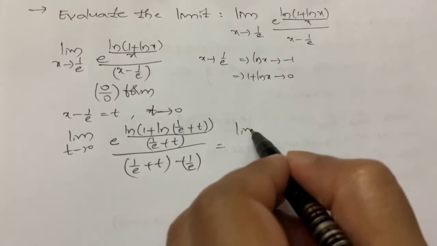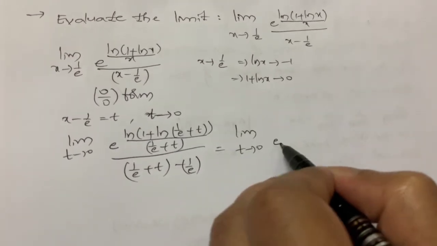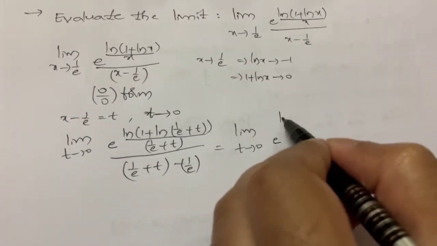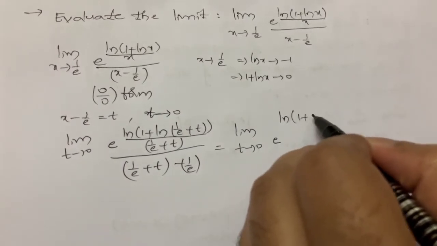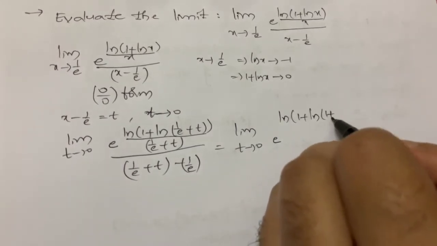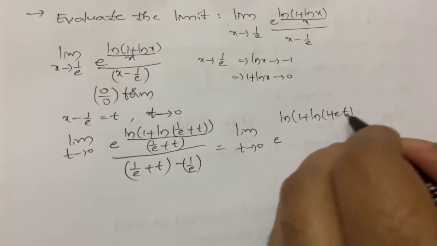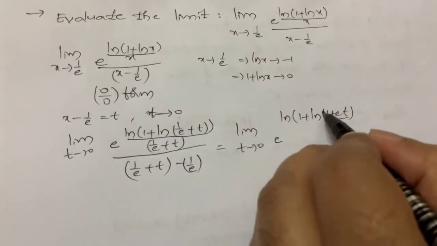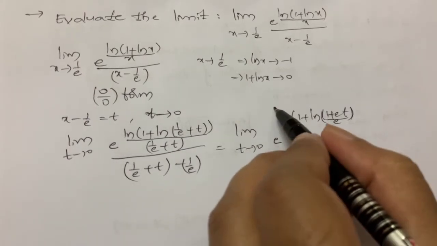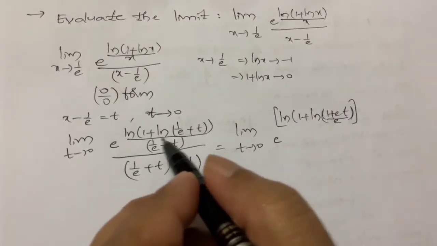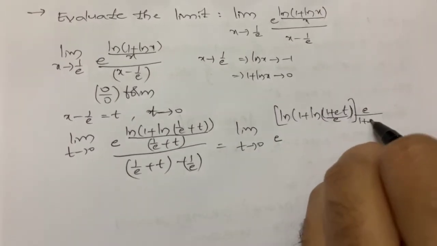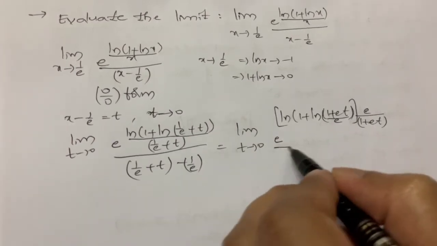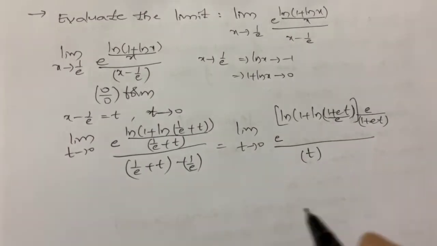So the limit as t tends to 0 of e to the power ln of (1 + ln(1 + et)/e), into e/(1 + et), divided by t.